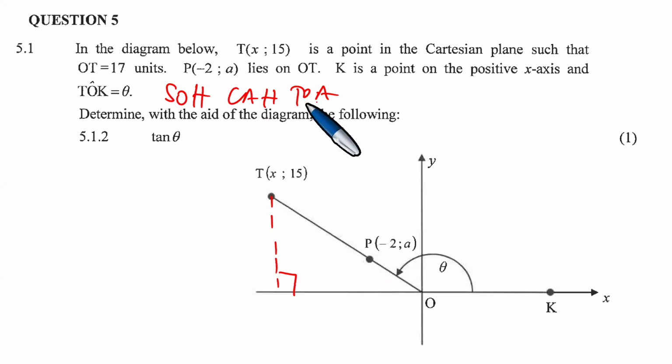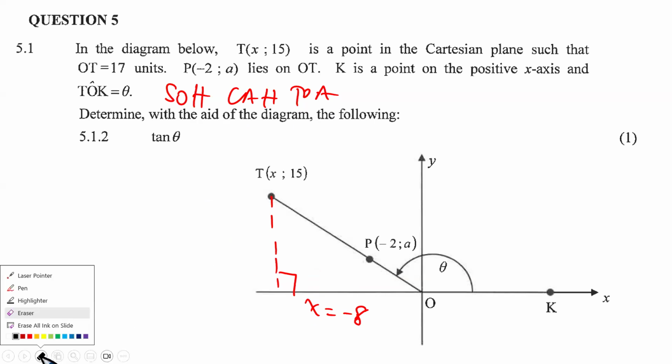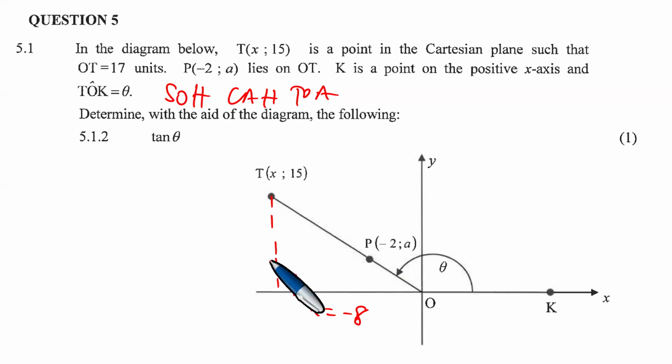Dealing with the tangent, which is opposite over adjacent, we already know that x is minus 8 here, and we already know that y is 15.